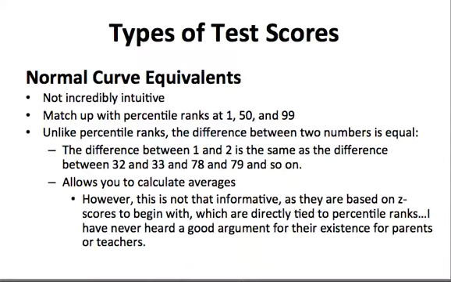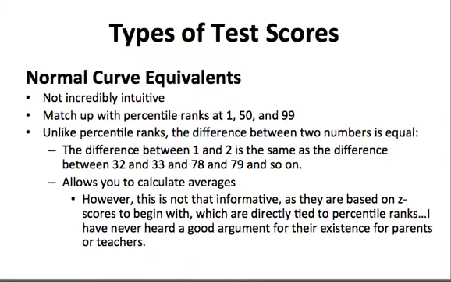Because there are so many people at the different percentile ranks in the middle and very few at the edges. So moving one percentile point doesn't necessarily equal the same thing across the whole range of possibilities, where they say that this does.